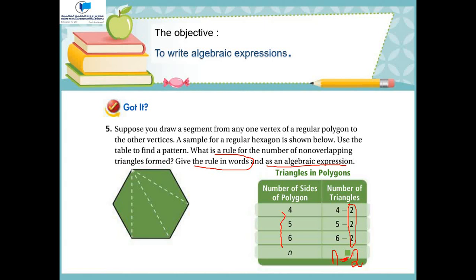The word phrase, we can say the number of sides of the polygon minus 2, or you can say 2 less than the number of sides of the polygon.